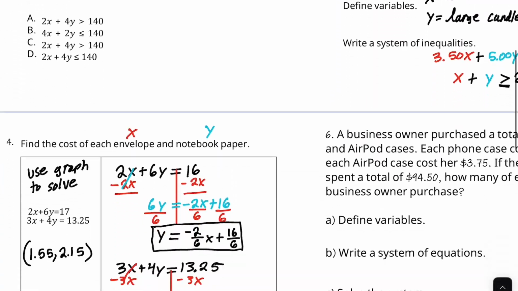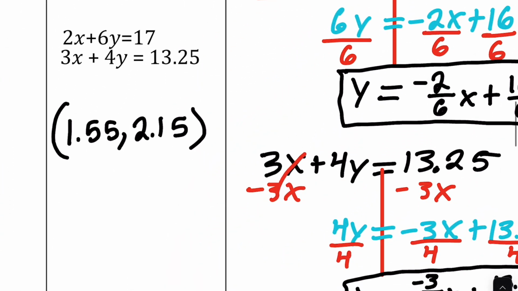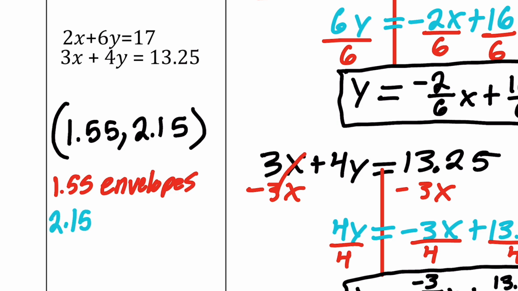So the cost of a box of envelopes is $1.55. So it's $1.55 for envelopes. And my Y is $2.15 for a price of paper, for a box of paper. There we go. We solved it.